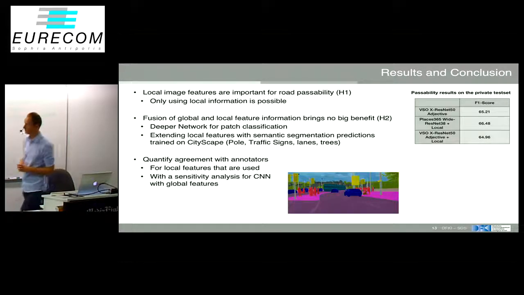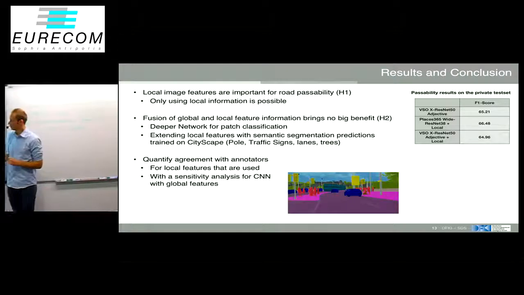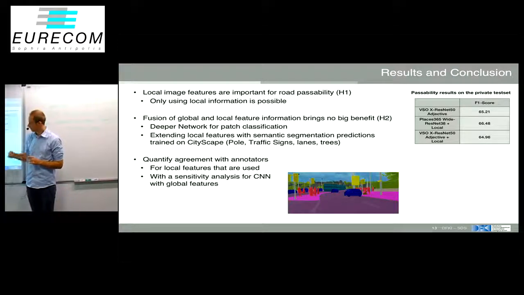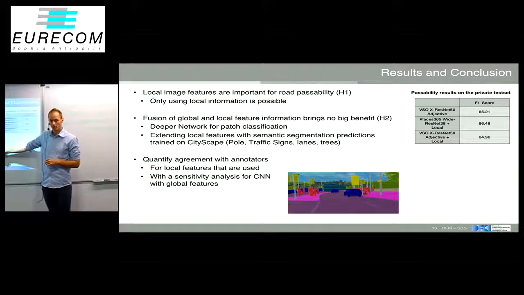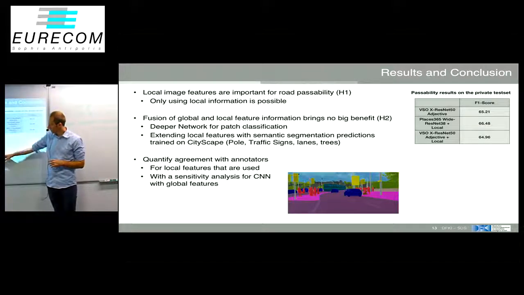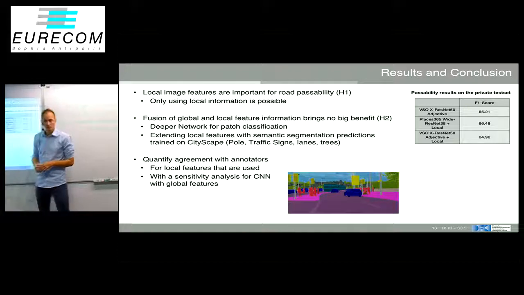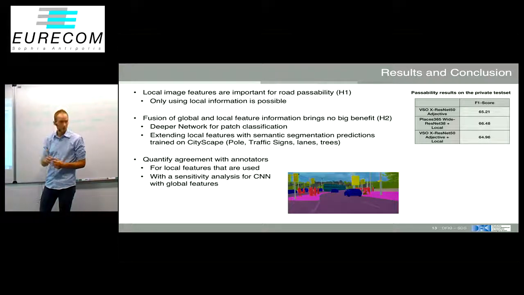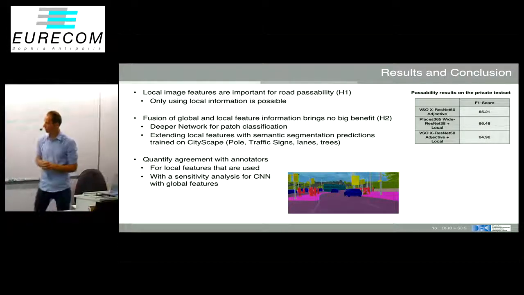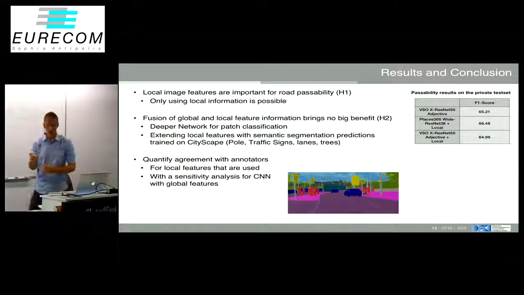The other idea would be to use segmentation networks, such as the ones trained on Cityscapes, where you also have information about the lanes, the traffic signs and so on, and incorporate more local information into this approach. Then fuse it, since we would have a better local classifier. Yeah, thank you very much.